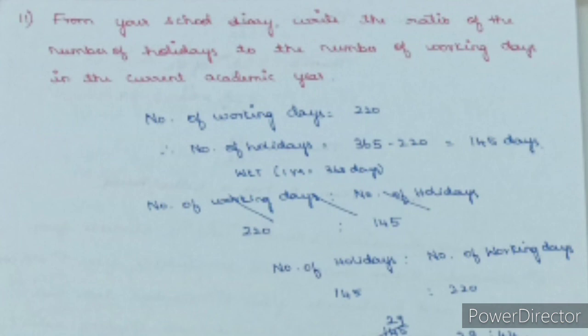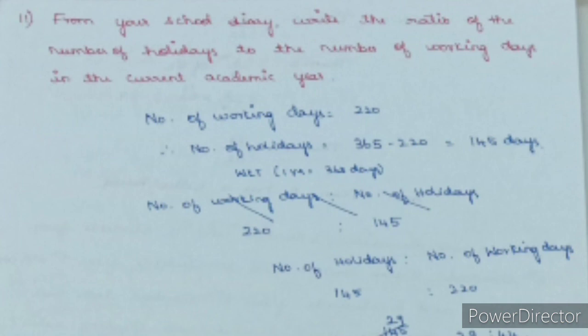Number of holidays, how to find? How many days are there in a year? 365 days. So 365 minus 220. So it is 145 days we have holiday.